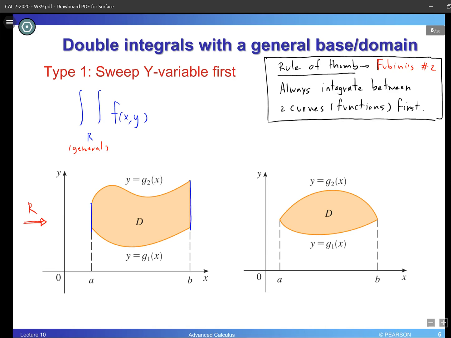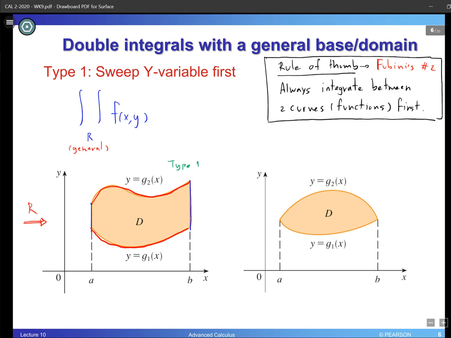As for the lower and the upper boundaries, you can see right away they are curves, this lower curve and the upper curve. So when you see something like this, from the definition, you know right away this is type 1. So no problem with this one.